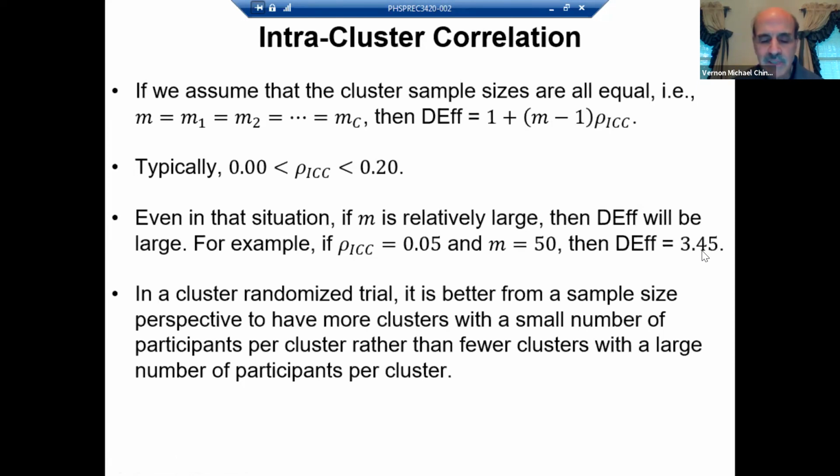So if your sample size calculation says you needed 100 people if you were doing individual randomization, but you then decided you would do a cluster randomized trial with 50 individuals within each cluster and where the intra-cluster correlation is 0.05, then you would need 345 individuals to recruit for your study.